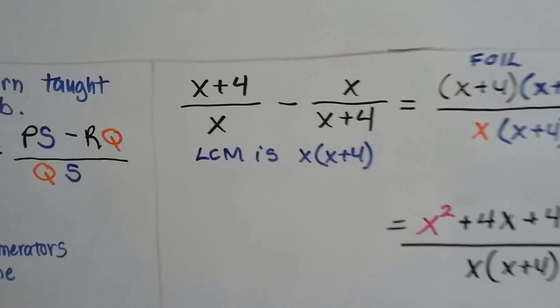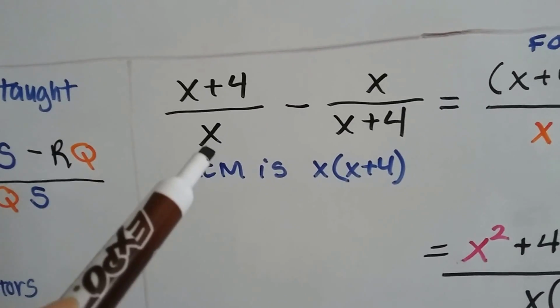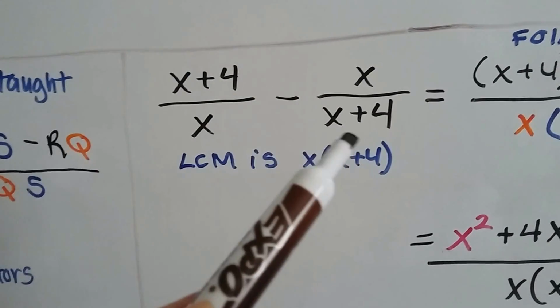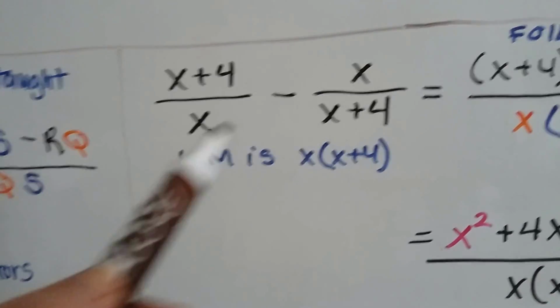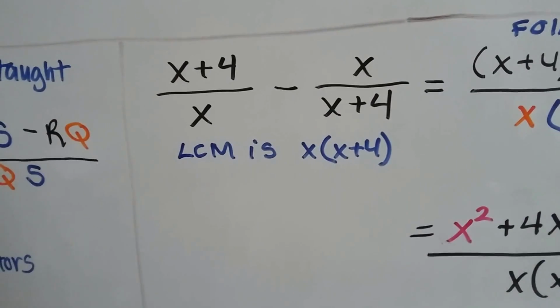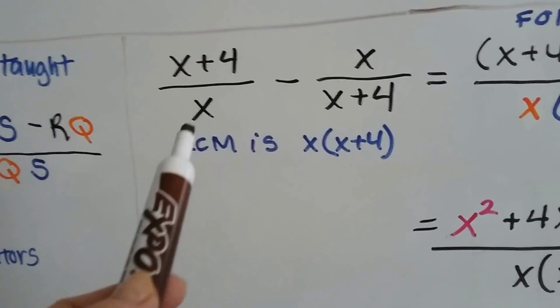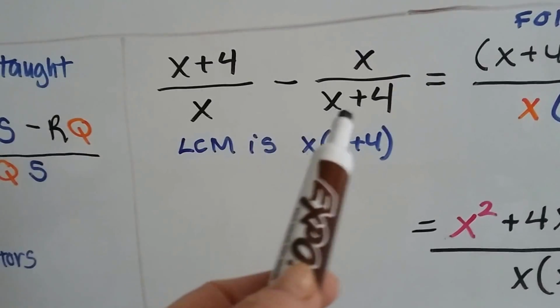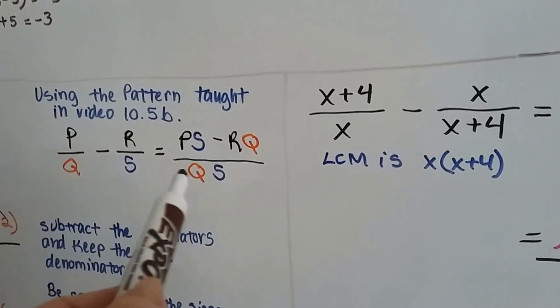This one looks kind of weird, and I know you're going to come across these. We have an x plus 4 over x minus x over x plus 4. Look, it looks like they're just flipped over versions of each other, like the reciprocals, aren't they? Well, our least common multiple, the common denominator, is going to be x times x plus 4. We're going to use our pattern here, q times s.